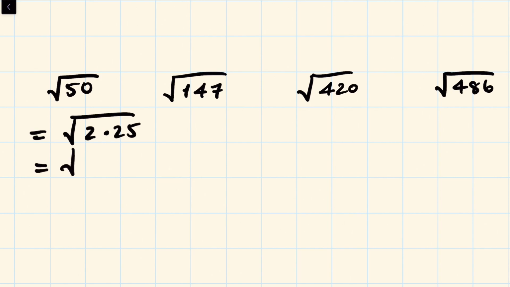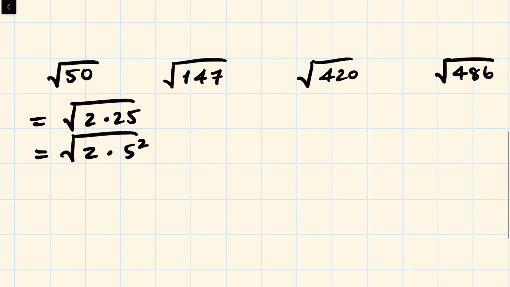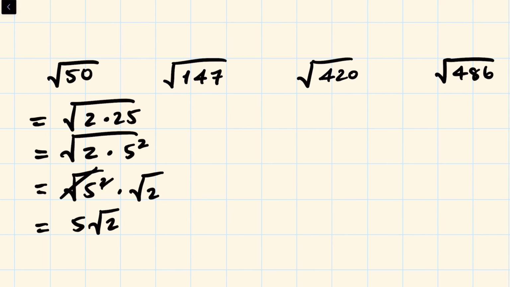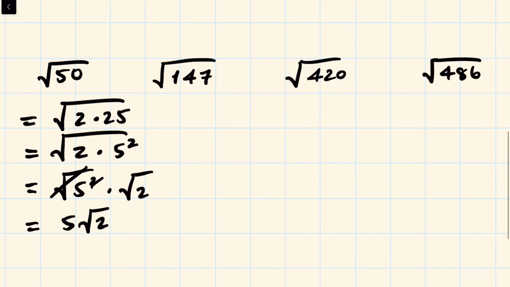So it's root 2 times 5 squared, and you can pull that 5 squared out of the radical. So that's root 5 squared times root 2. Those cancel, so it's 5 root 2. That's the simplified form of root 50.